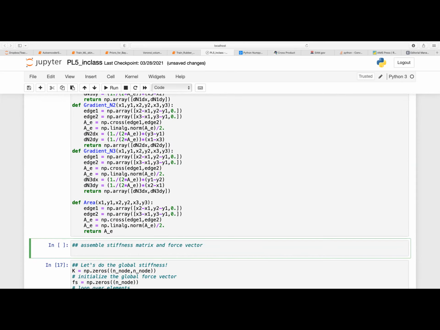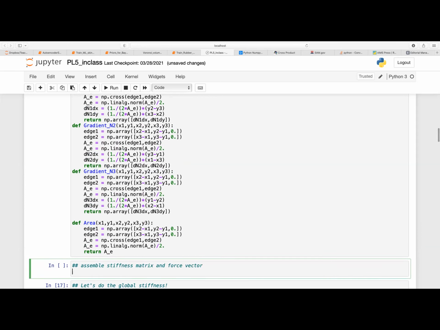What is the size of the stiffness matrix? The big one. Look at the solution. What should be the size of the big stiffness matrix?